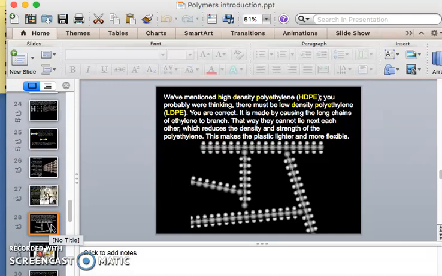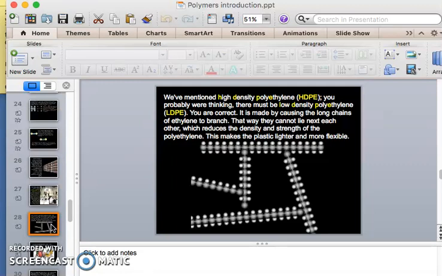You see the branched chains. They result in really weak polymers, but they do have an advantage. They're flexible. Try stretching that Woolworths or Coles bag. It does stretch, and if you get a nice strong plastic one, you'll find that it's stiff.